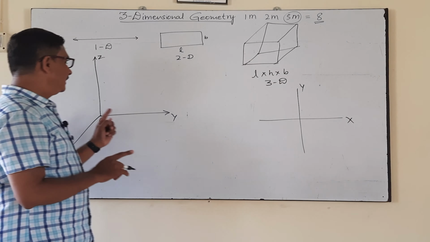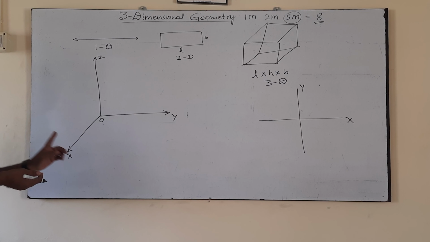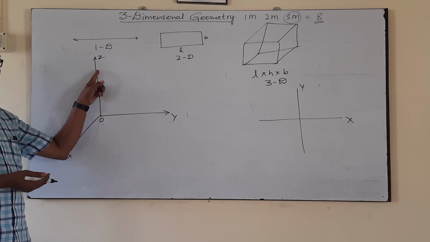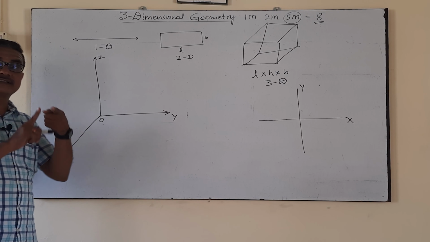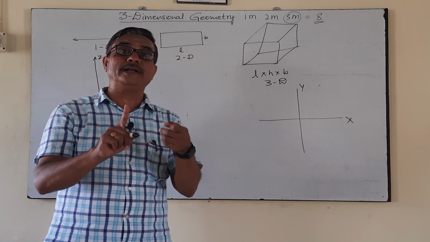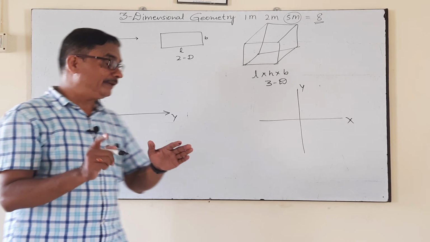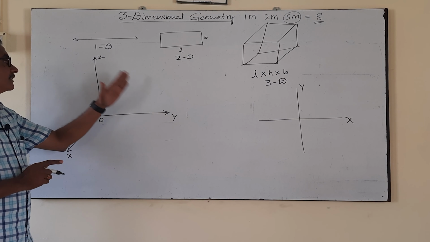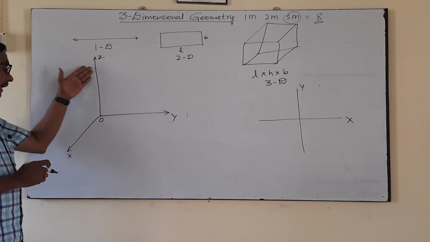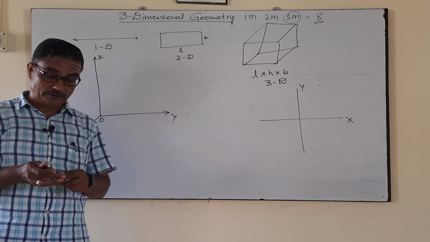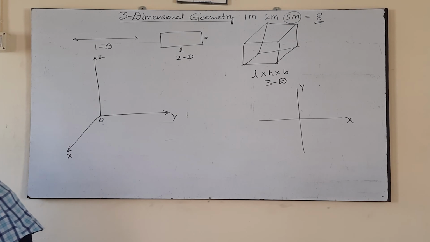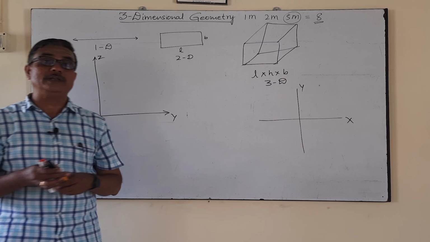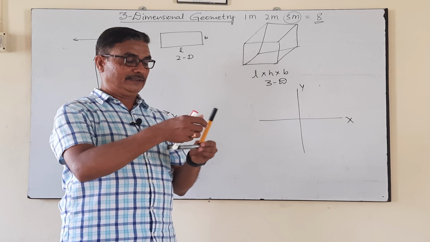Like that, in three-dimensional geometry, x-axis, y-axis, z-axis, all these three axes are mutually perpendicular to each other. It means x-axis is perpendicular to y-axis, y-axis is perpendicular to z-axis and z-axis is perpendicular to x-axis. Now like this, these three axes are mutually perpendicular to each other.